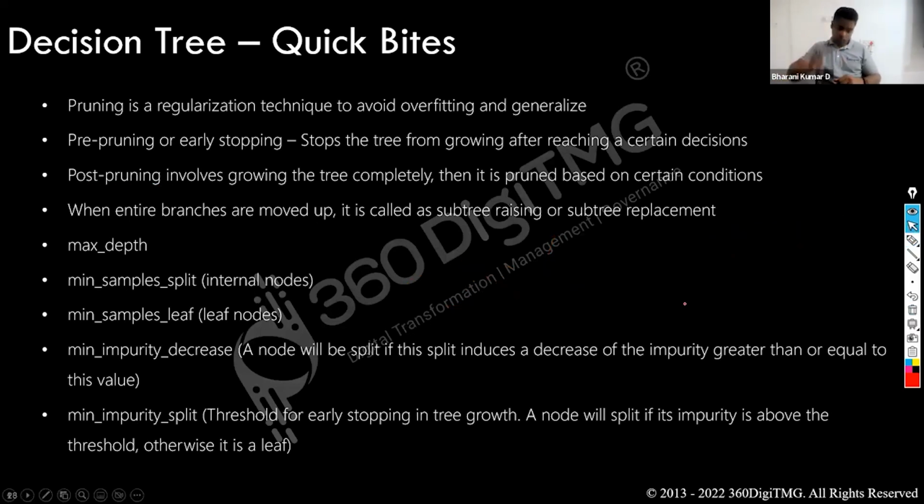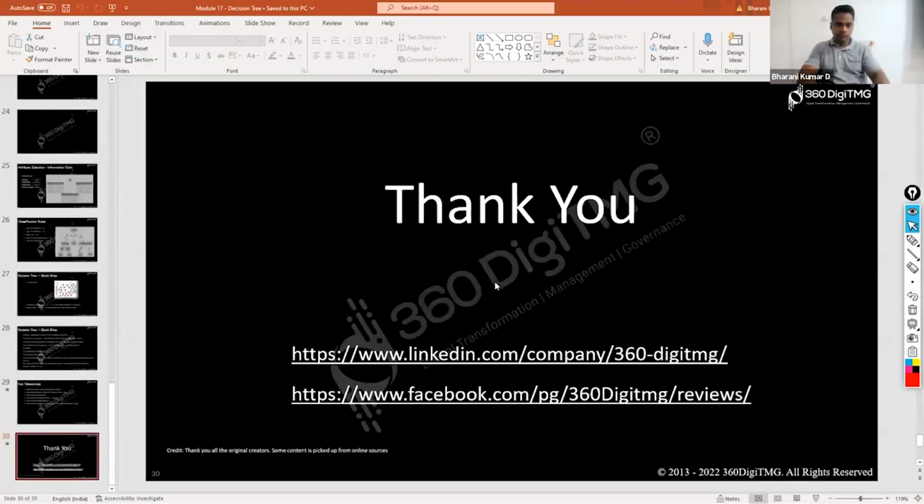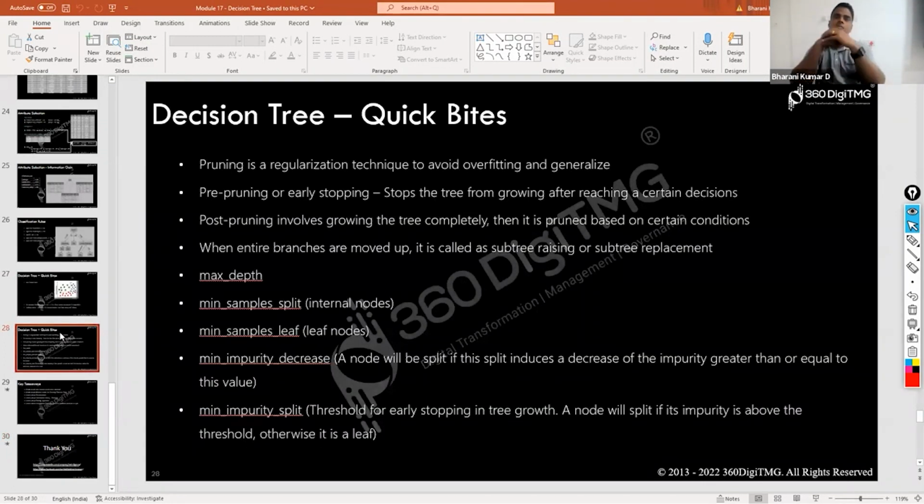Okay, so do we have anything else here? No. Now, hope you all understand greediness. Hope you all understand information theory through entropy, etc. So now we should get into the code part. Different sets of parameters are available.